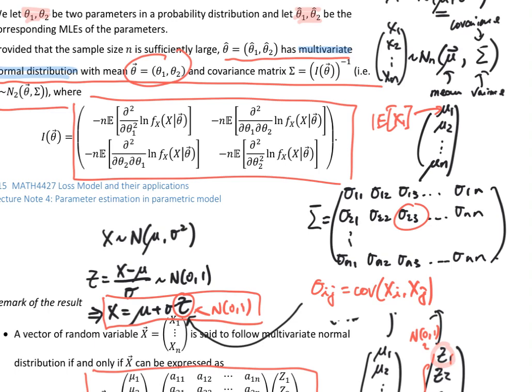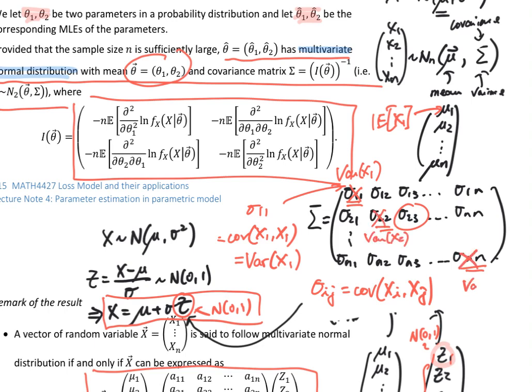This is how we capture the variance of these n random variables. If you look at the diagonal entries, you have sigma 1 1, sigma 2 2, up to sigma n n. Remember, sigma 1 1 by definition is equal to the covariance of S1 and S1, and according to the definition of covariance, that will be equal to the variance of S1. So the diagonal entries will be the variance of S1, variance of S2, variance of Si.